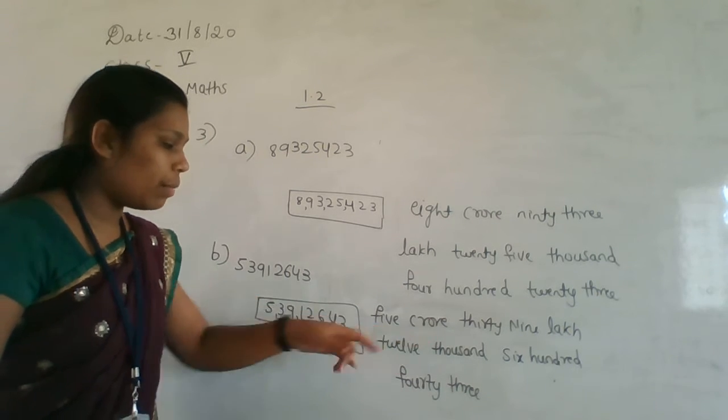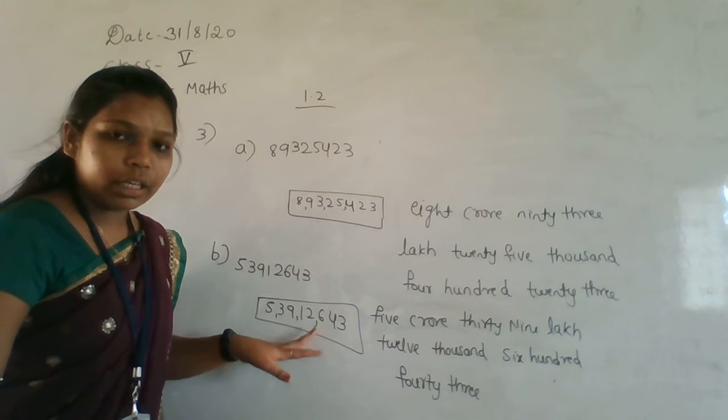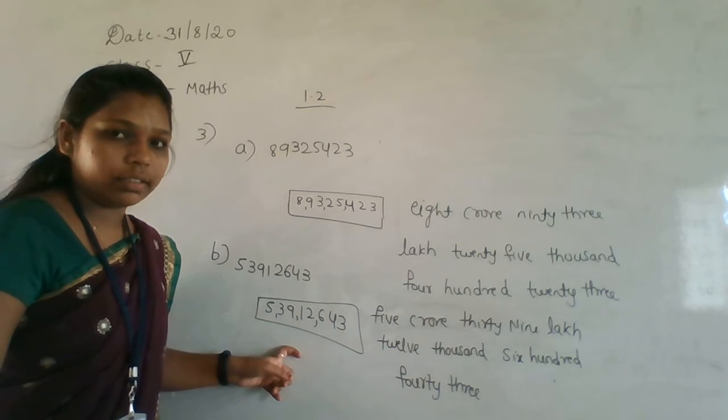This is the number name and this is the number using commas. You have to write like this.